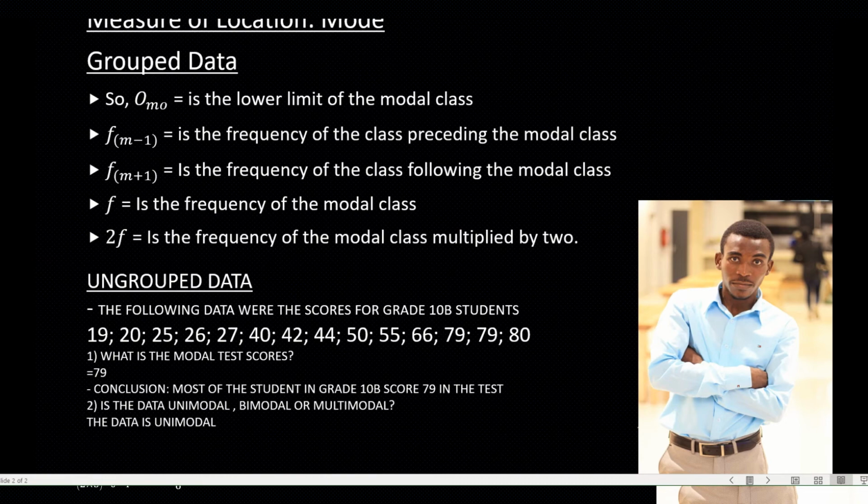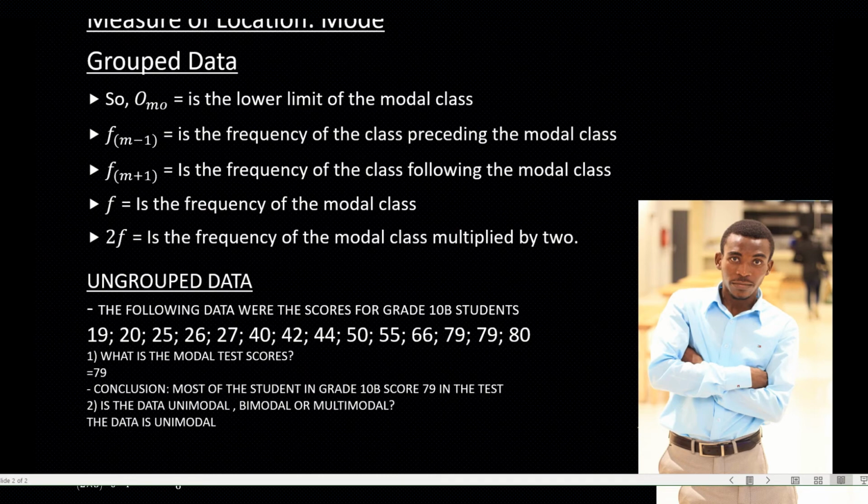So to that, we can just go to the ungrouped data. Under ungrouped data, you're just given random data, and then they ask you to pick the modal number, or to identify the mode.